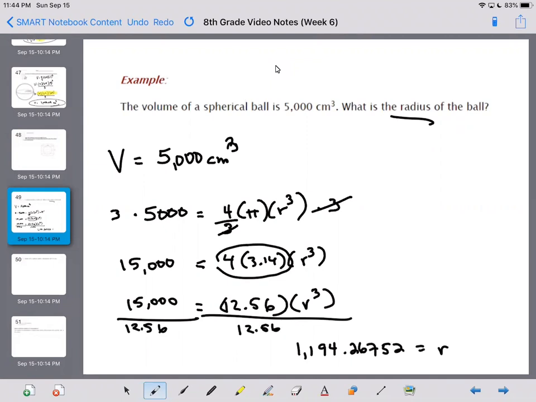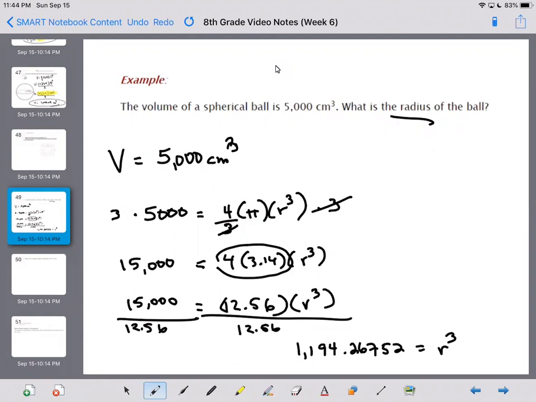Well, I need to take the cube root of that. So if you have an iPhone calculator, you can actually rotate your calculator to see more functions. You can also do an online calculator if you need to. But with my iPhone calculator, I can rotate it, and I'm looking at the third row, third column.